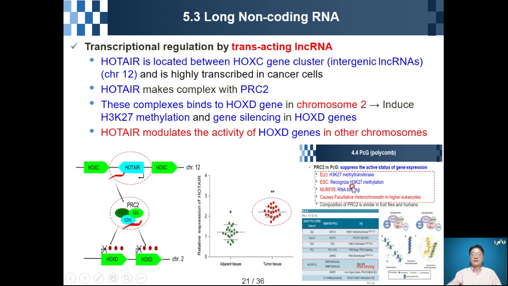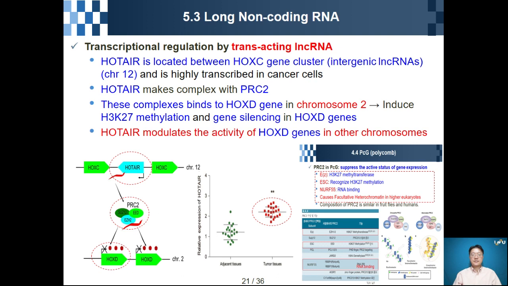They recognize H3K27 methylation. So their main function is to cause facultative heterochromatin in higher eukaryotes.